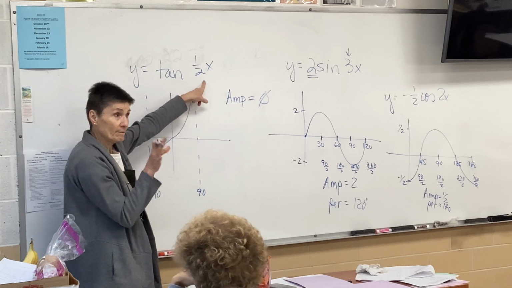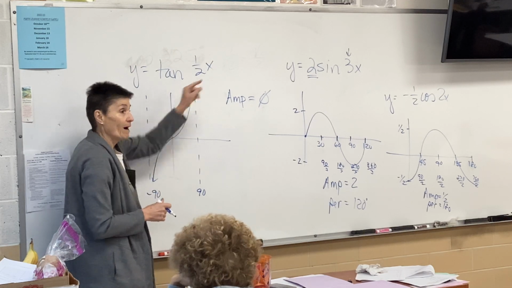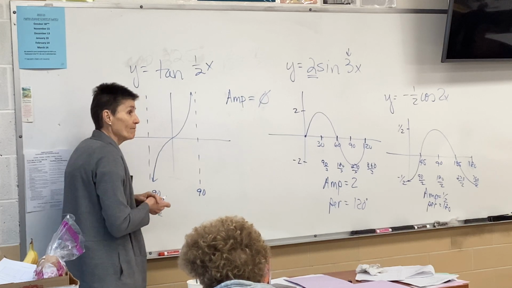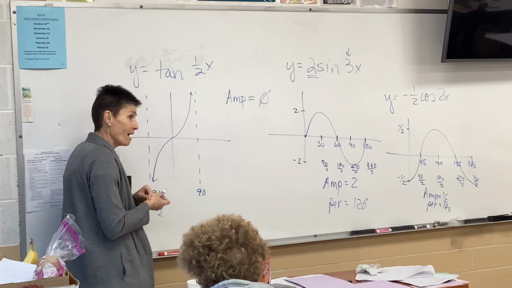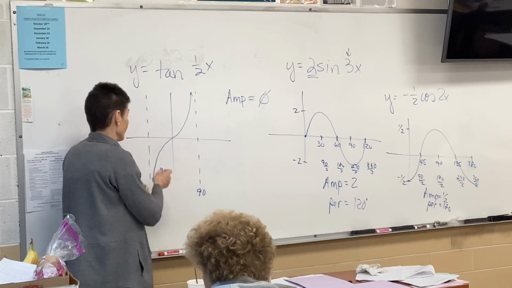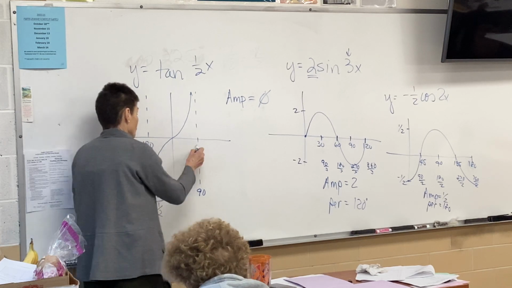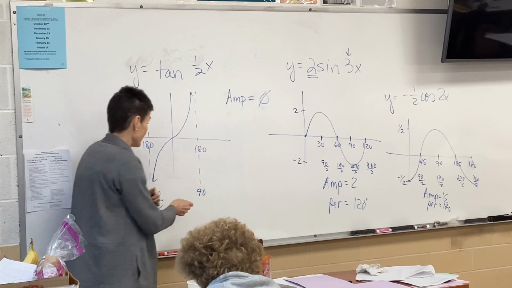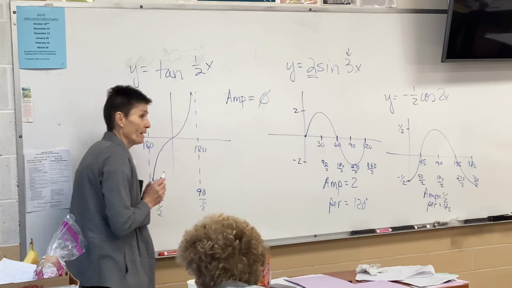But what have I done? Divided by a half. And dividing by a half is the same as timesing by 2. So my actual labels are negative 180 and positive 180 because I divided by a half.